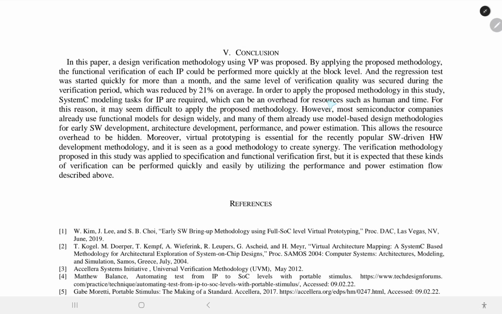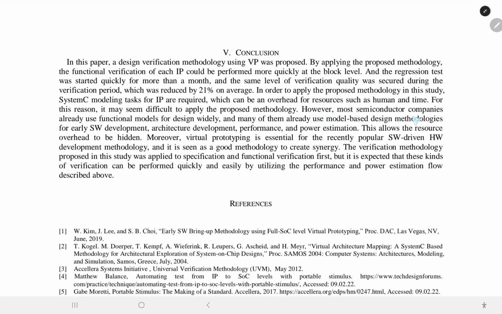In order to apply the proposed methodology in this study, SystemC modeling tasks for IP are required, which can be an overhead for resources such as human and time. For this reason, it may seem difficult to apply the proposed methodology.